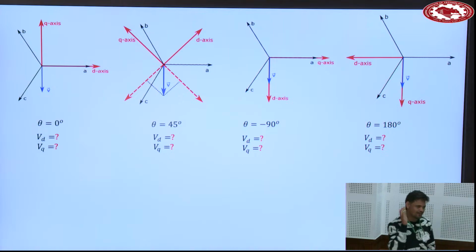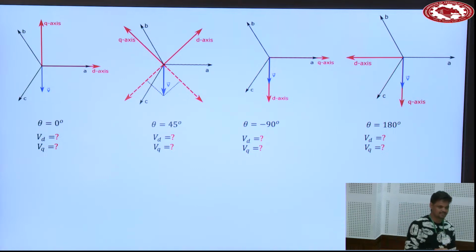The same thing, whatever mathematics I have explained to you, I will write in the code, and I want to verify the results which we discussed, that this should be. In real life applications, Chandrasekharan sir's work is all about PLL only. He has done very good work in PLL.